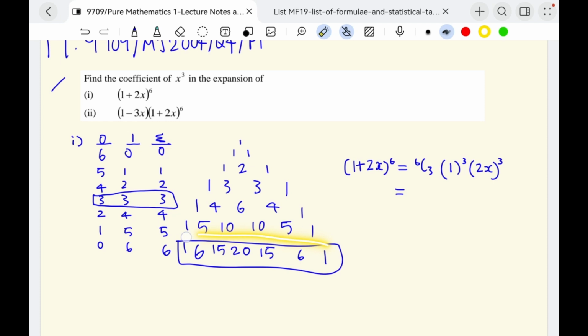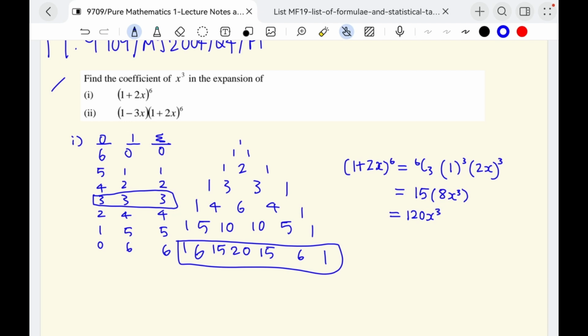From here it is 6C0, 6C1, 6C2, which means that you choose 3 from the 6. So put 15, and this is 8x cubed. Use your calculator to evaluate it. You will get 120x cubed.